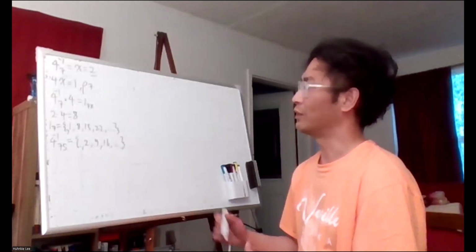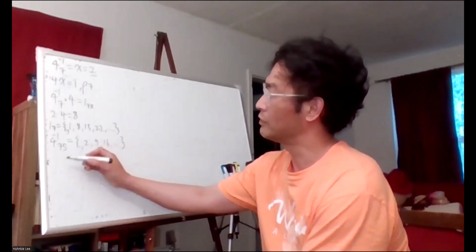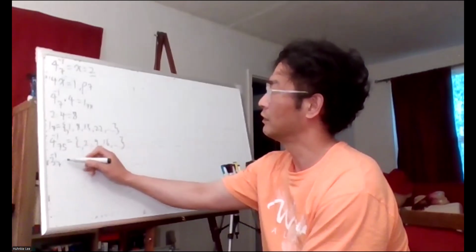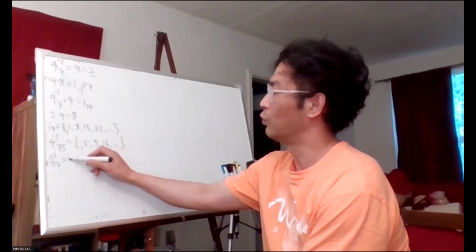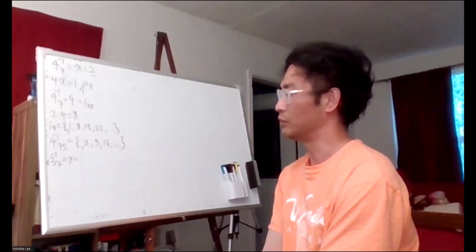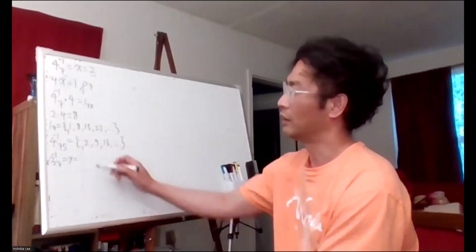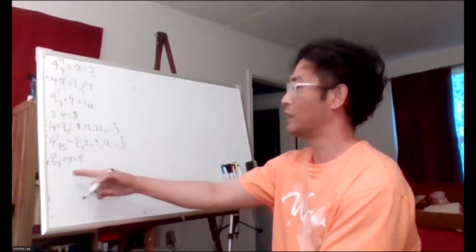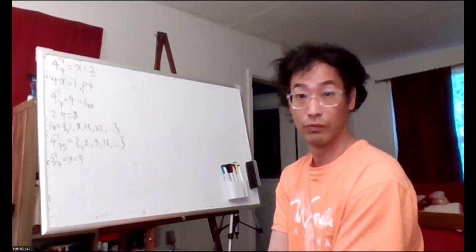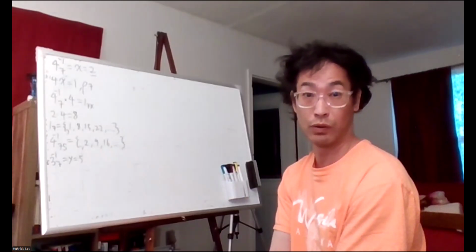Let's make another example. 3 inverse 7. Let's say it's y. So what is it? 6 times 2, 5, right? 3 times 5 is 15. And 15 is 14 plus 1, so it's 1 row 7, right?